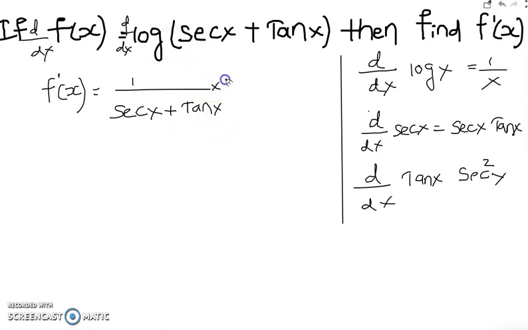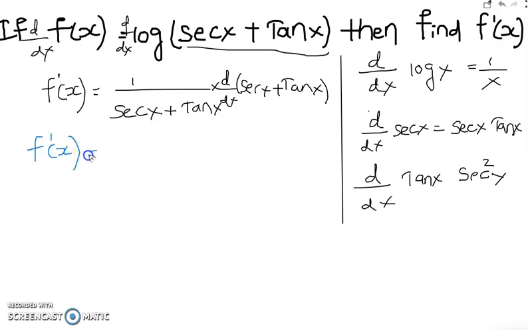But in the place of x, what is there? d by dx of (sec x plus tan x), right? In the place of x in log x, this is there. So again, we have to differentiate that, right? f dash of x is equal to 1 by (sec x plus tan x).